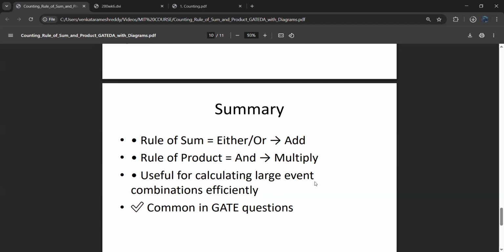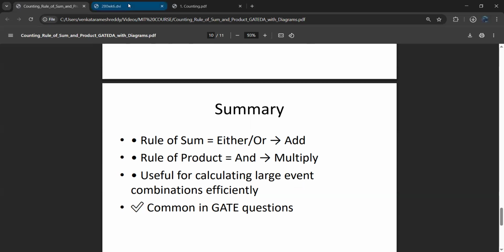For that purpose, we need to go with the rule of sum and rule of product. They will ask such types of questions in GATE, so you need to understand and remember this logic. Whenever you remember this, you can answer all the questions.